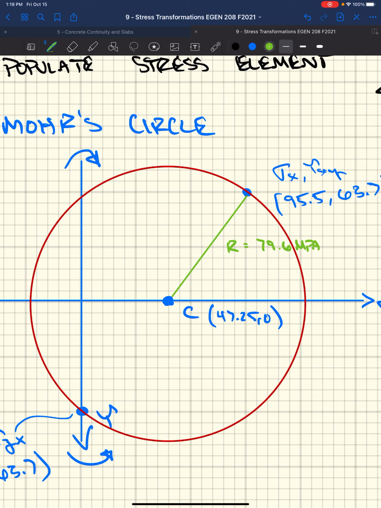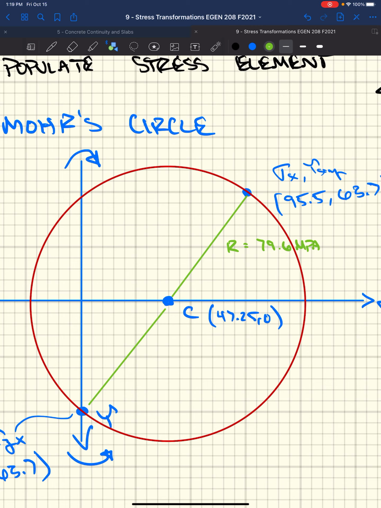Now that we have some of the components of our circle, the radius and the center, we can figure out any point along this circle, right? And we can also figure out the stresses at any given orientation from our known stress state, right? So these original 2 points are the stress state that we knew based on our shaft, the torsion and the axial load that's applied upon it.